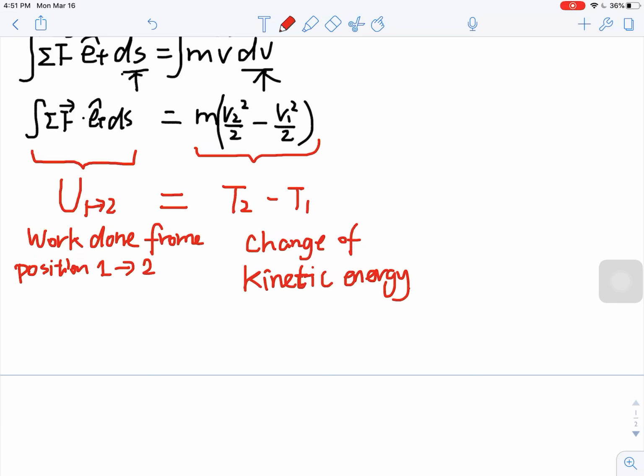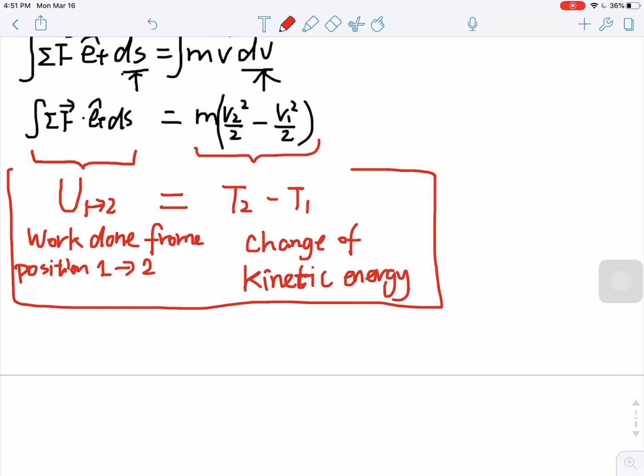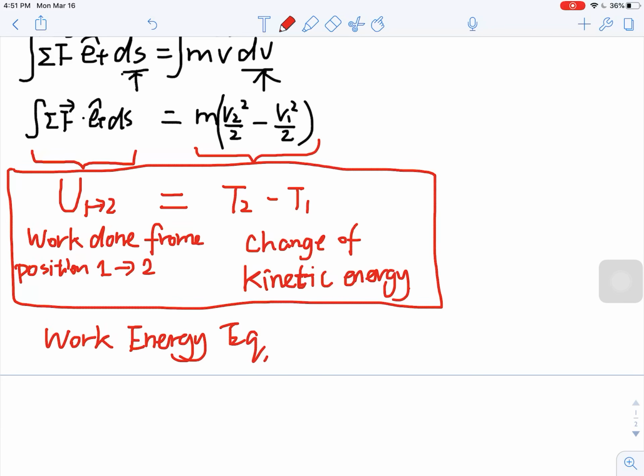Right here, this is our work energy equation. We're going to use this equation to solve a lot of problems.